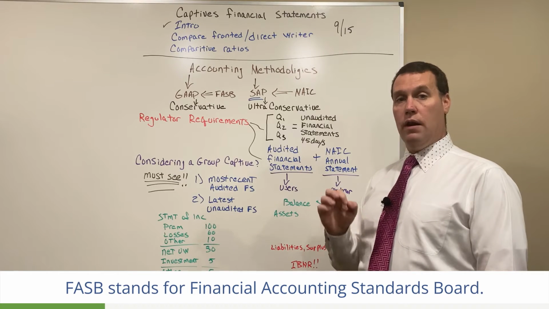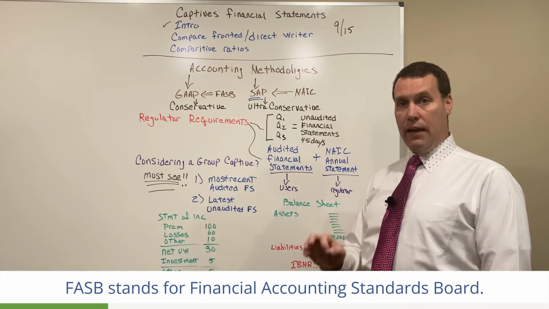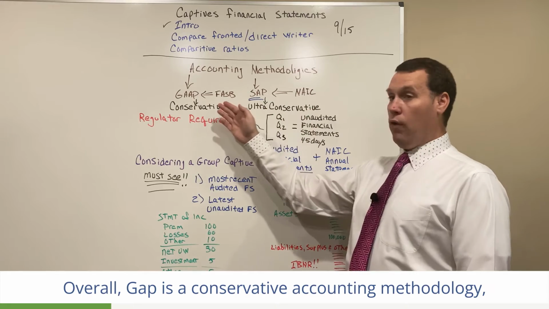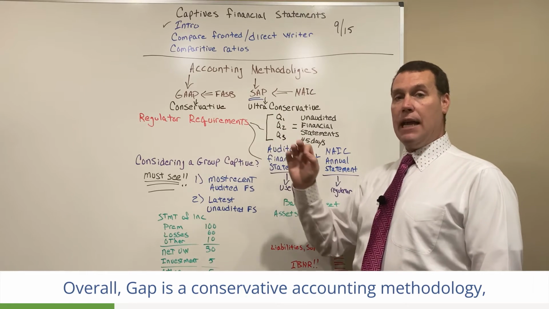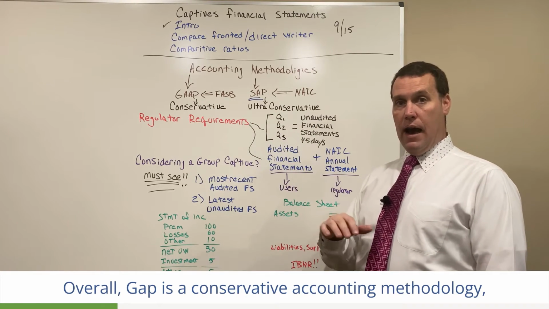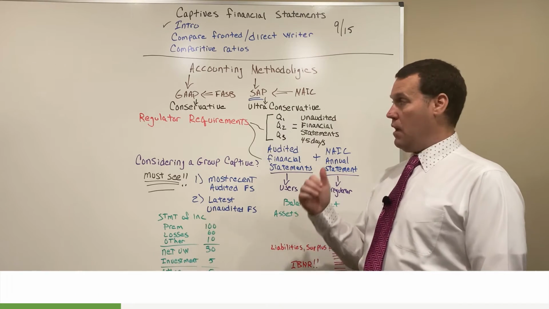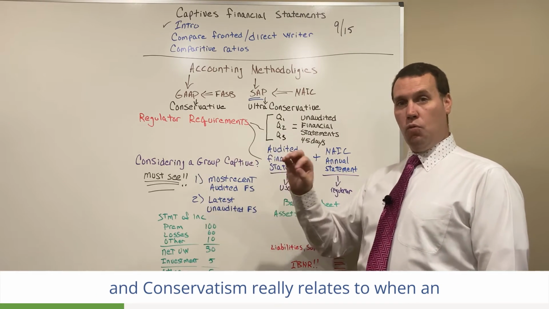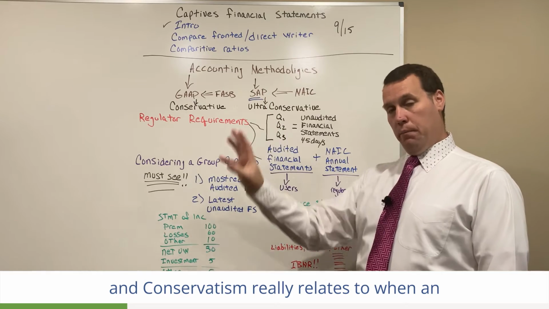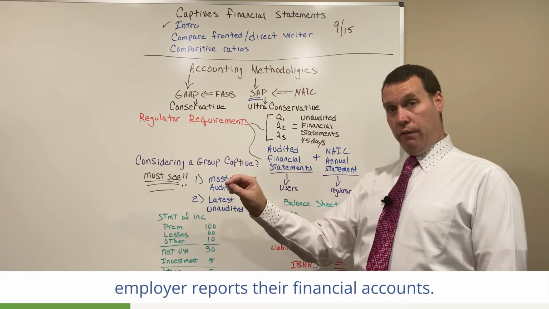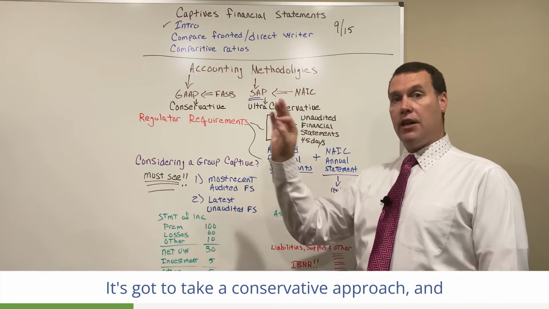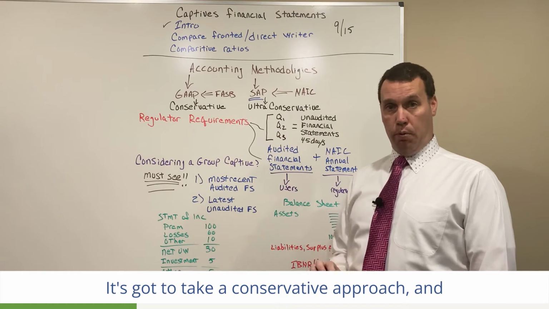FASB stands for Financial Accounting Standards Board. Overall, GAAP is a conservative accounting methodology, and conservatism really relates to when an employer reports their financial accounts, it's got to take a conservative approach.